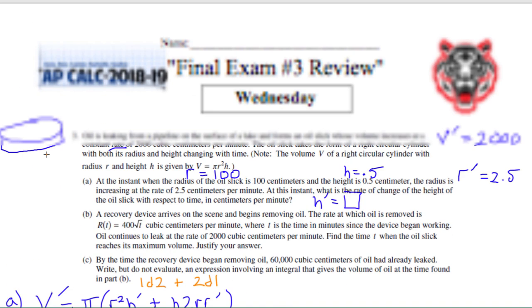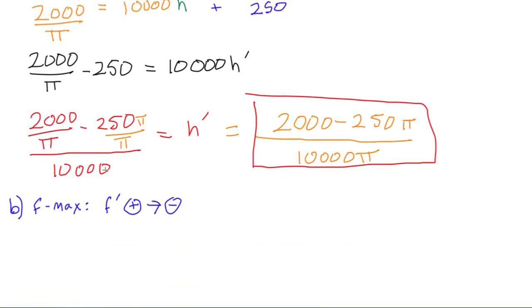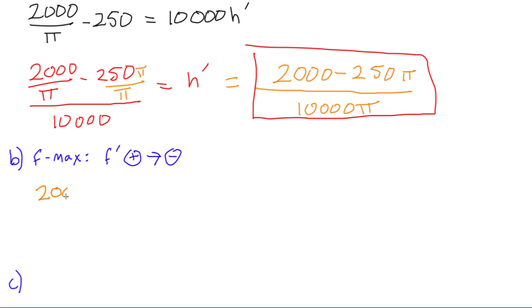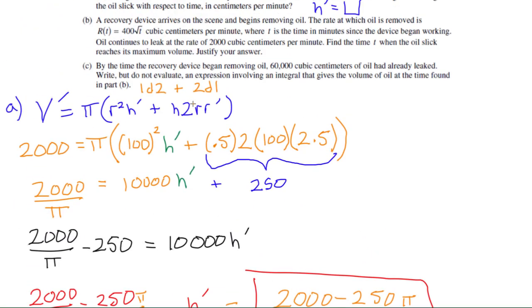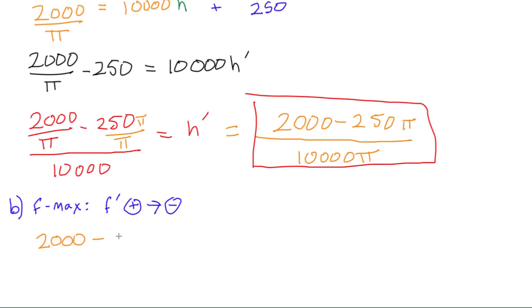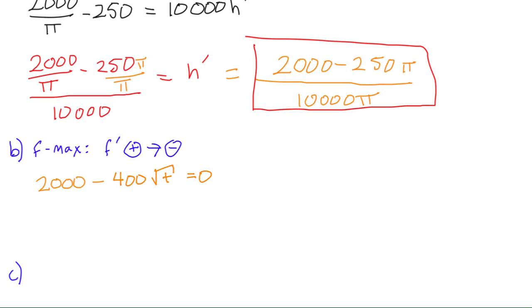Well, the thing is, our problem was already in prime form, so it was 2,000 minus, and this is also a rate, so minus 400 square root of t, and that's the thing I set equal to 0. So 2,000 is equal to 400 square root of t. Then I'm going to divide both sides by 400, and this is going to be 5 is equal to square root of t.